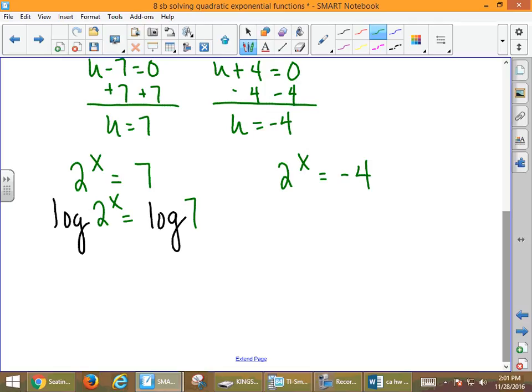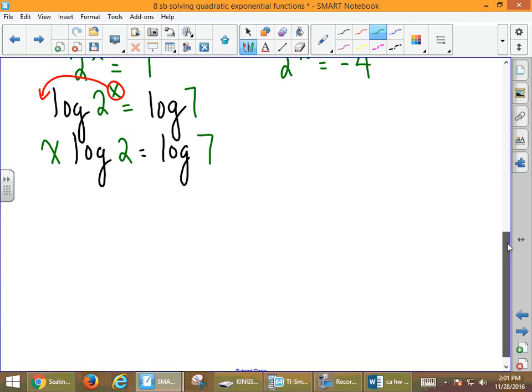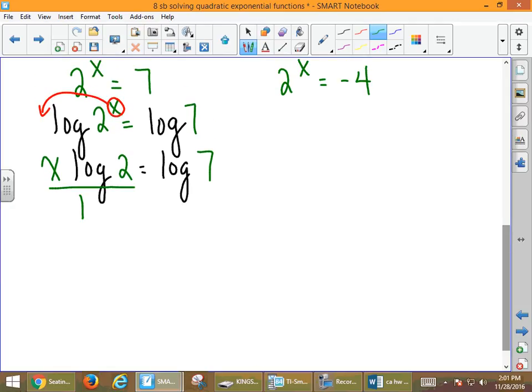Then we'll use our power rule, which says that that x doesn't need to be an exponent. We can rewrite it as a coefficient. So it becomes x log 2 equals log 7. We want to solve for x, and since it's x multiplied by log 2, we can use our inverse operation and divide by log 2.